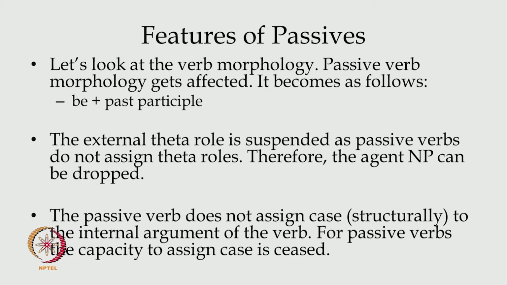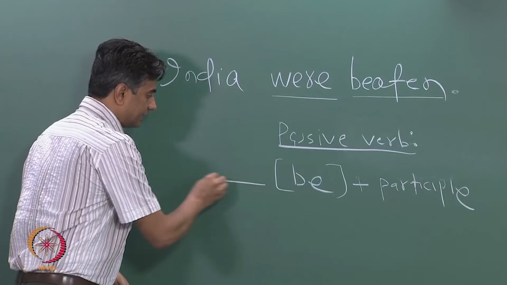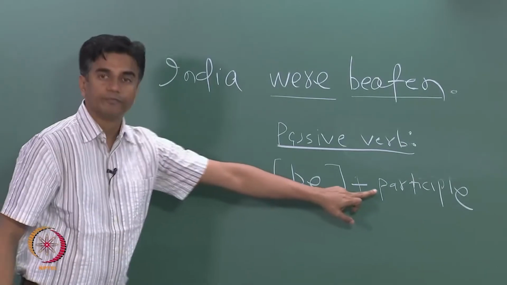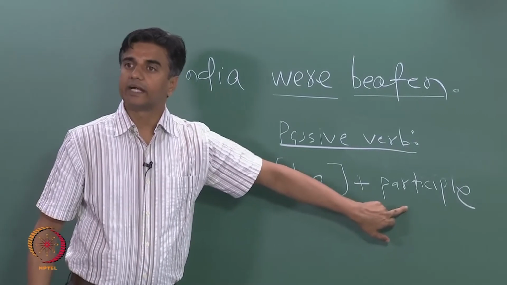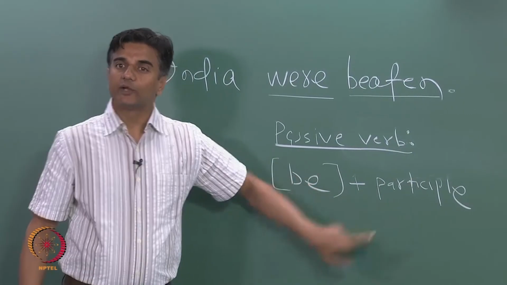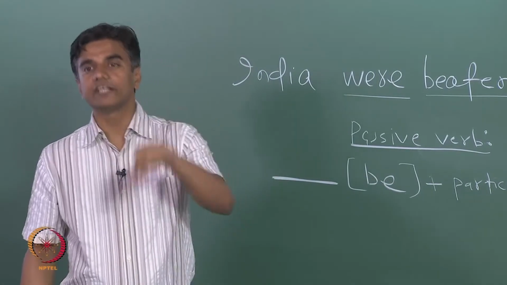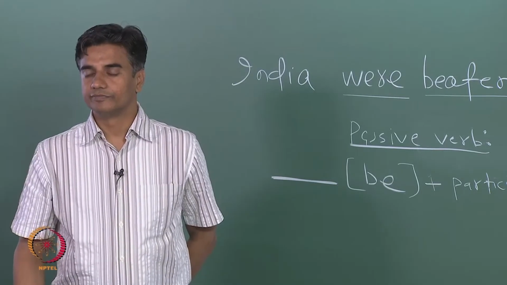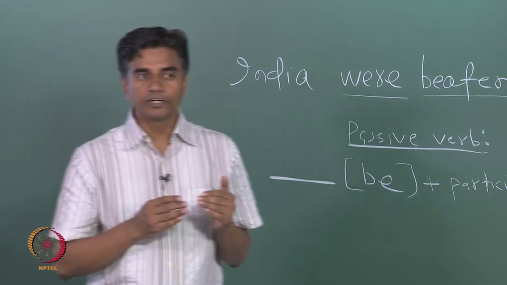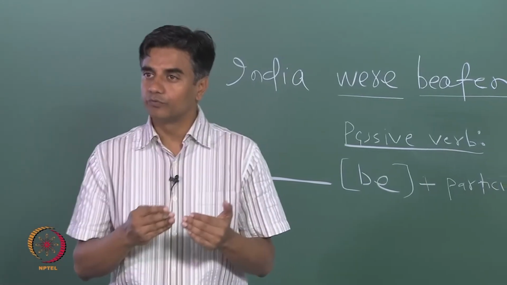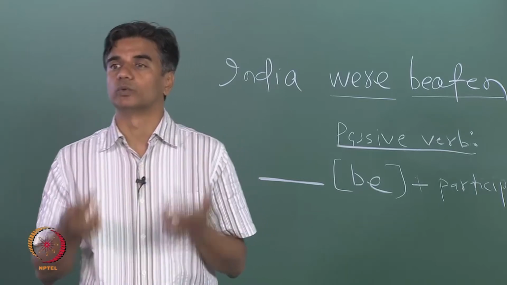Look at that. The features of a passive sentence or of a passive verb are completely different. One of the features is that this kind of verb, the participle verb, cannot have a noun phrase which can have a thematic role. Understand my point? It cannot allow a noun phrase which can have a thematic role.